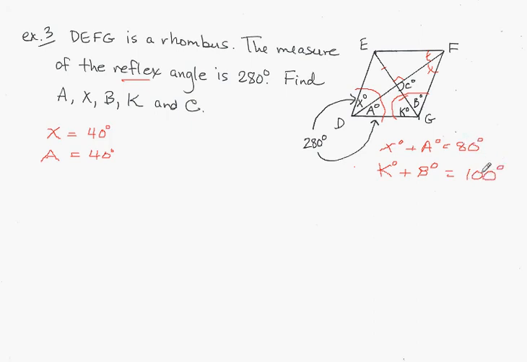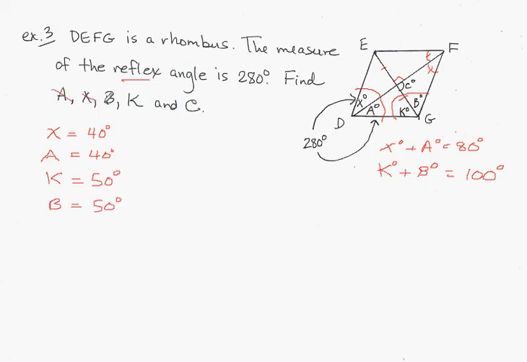Because 80 plus 100 would give us 180. So that tells us, since K and B are equal, they split this 100 evenly. So we're going to get K equals 50 and B equals 50.